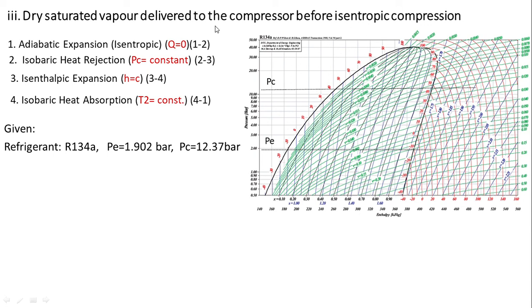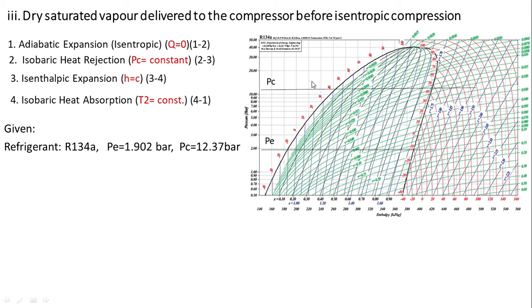It means that whatever is supplied to the compressor will be dry saturated vapor. So the inlet of the compressor has the condition of dry saturated vapor, and we know that the compression process starts from point 1. So point 1 has dry saturated vapor.